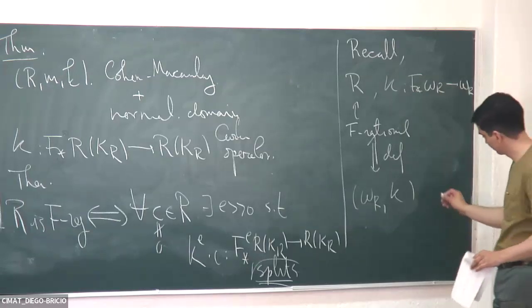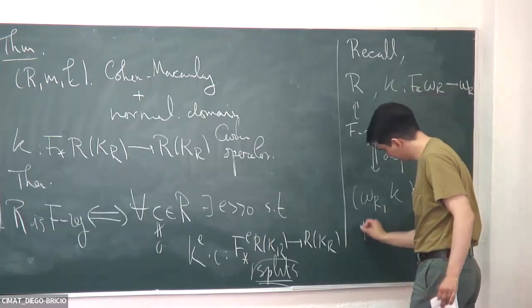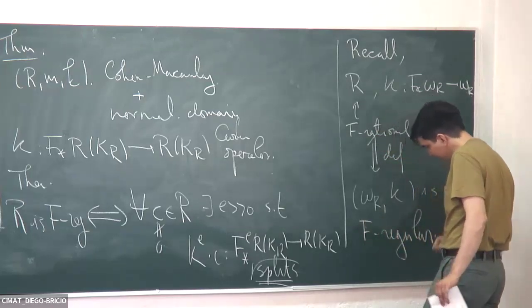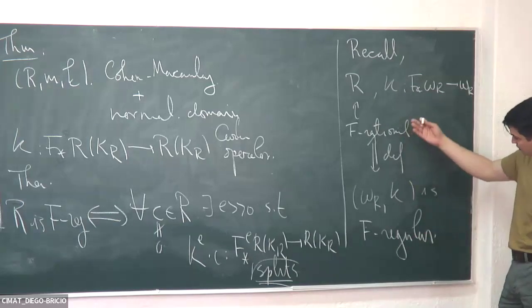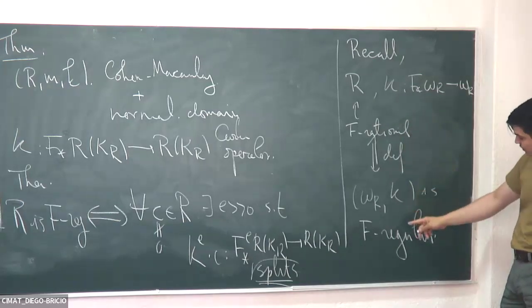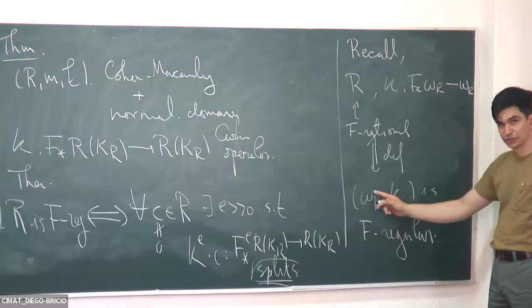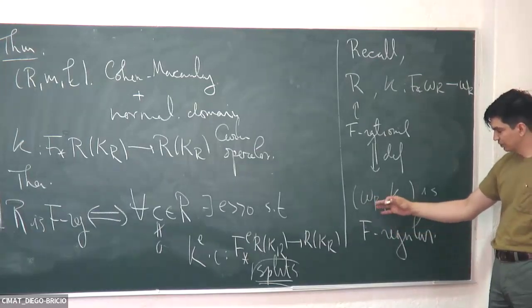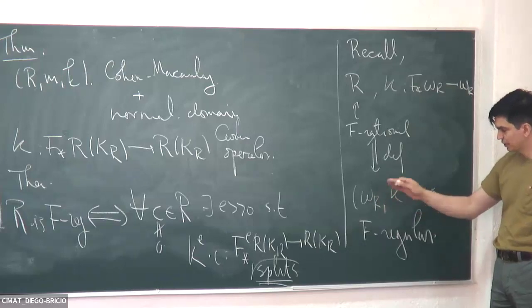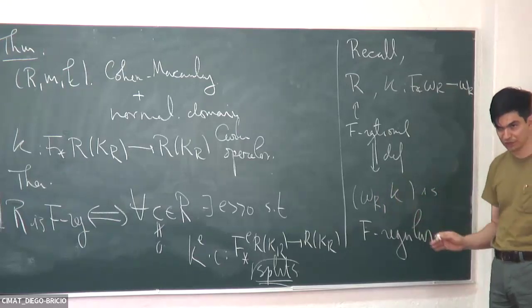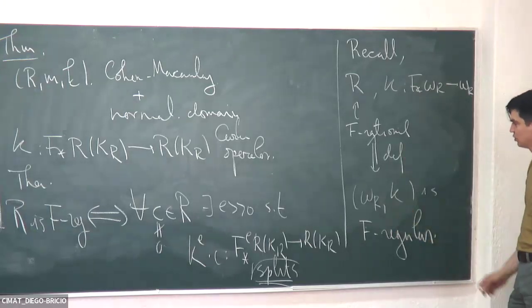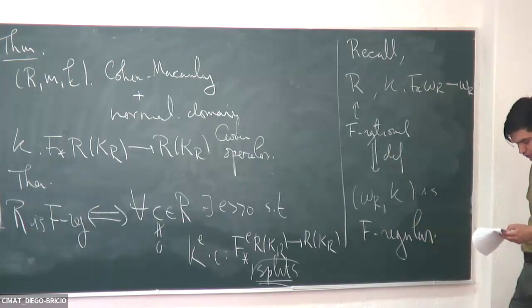That was the definition. F-rationality is simply the F-regularity of the Cartier module, right? So you see that in principle, in F-singularity theory, there are only two notions, so purity and F-regularity. You see here how F-rationality is just that. So we had this a while ago as a definition.